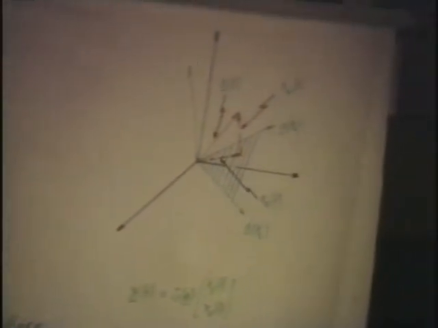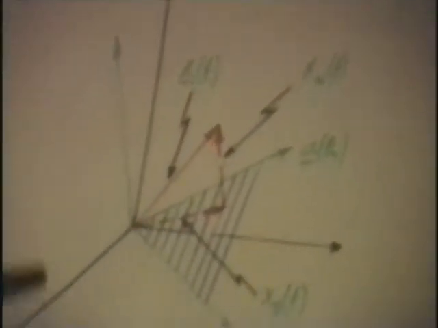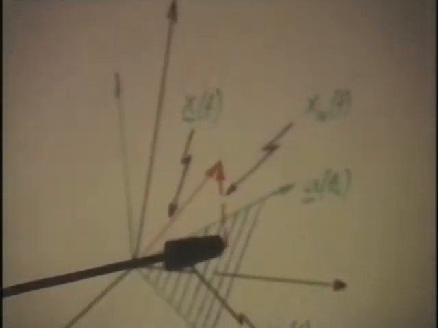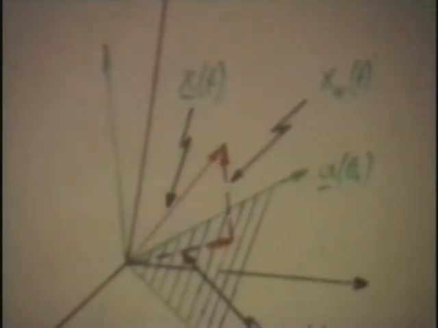In order to do so, we're going to use this geometric picture which I previously described. If this is the vector xt, suppose we project it on the signal subspace and on the noise subspace. So this is the projection on the signal subspace, and this is the projection on the complementary subspace, which is referred to as the noise subspace.